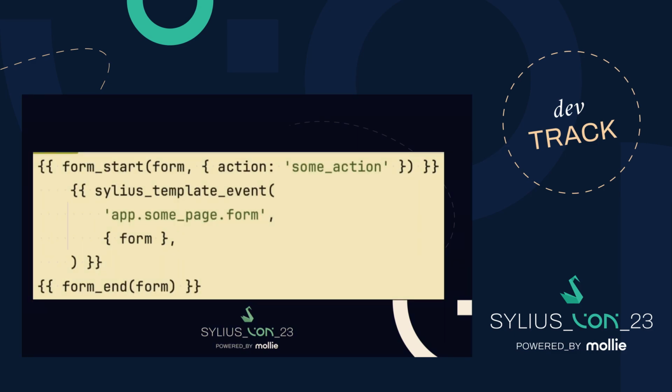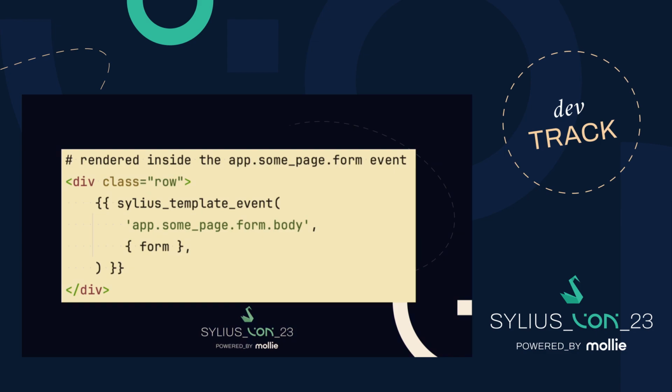And I started with this simple form start, form end, and we are throwing some event with a form to render the fields. And here's an event I created. Like, I added a div with class row, and I threw another event to allow rendering the fields, and it created a problem. The problem was I have a longer event name, which is not exactly necessary.